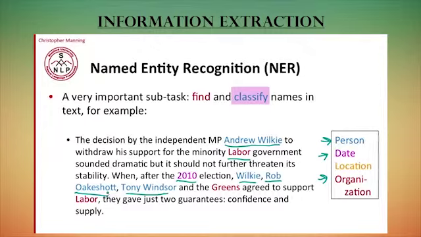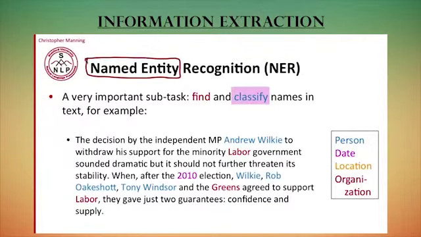So to say a little bit more precisely what the task is, we have this sort of phrase of named entity recognition, and it's a little bit of a code word these days that reflects the history. The idea of it was that entities were meant to refer to discrete things in the world.